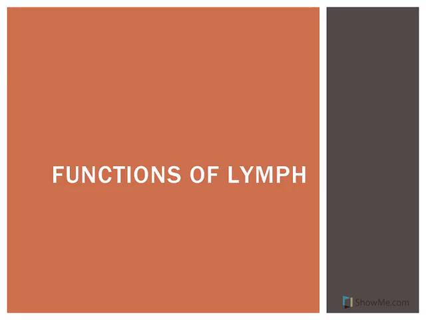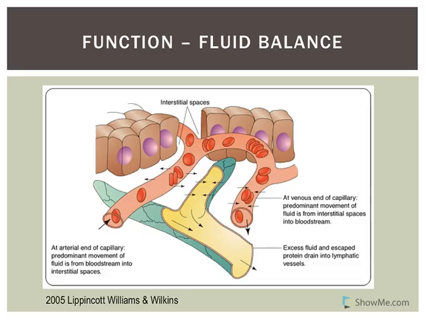Now, the lymph is going to have a number of functions, so I'm going to repeat myself a bit from what I said at the very beginning. One of the things that the lymph does is it's very important in fluid balance. Any leaked fluid from the blood capillaries empties back into the lymphatic system, which returns that leaked fluid back into our circulatory system.